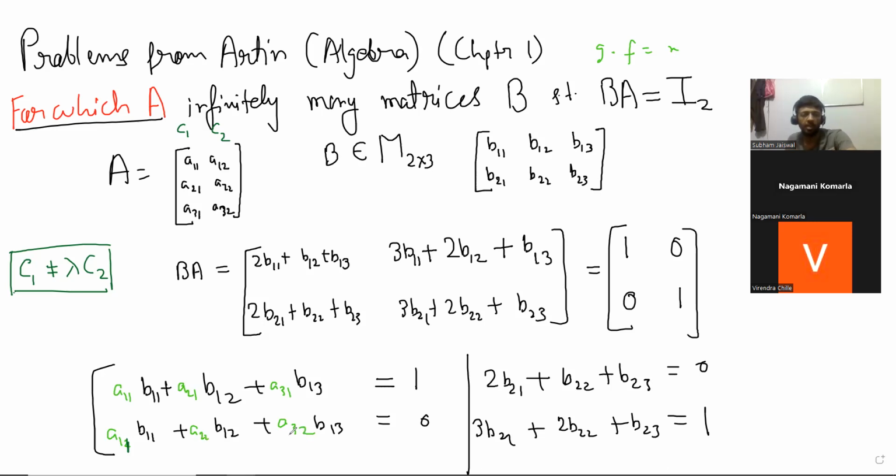Now I want you to explain that if C1 is not equal to lambda C2, then why are these two equations consistent? Show that this is consistent.